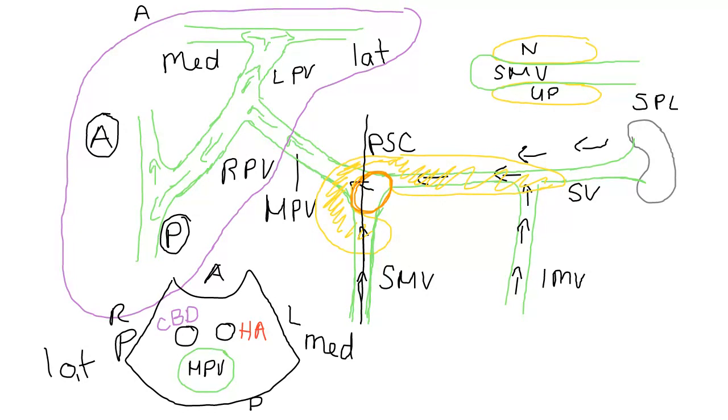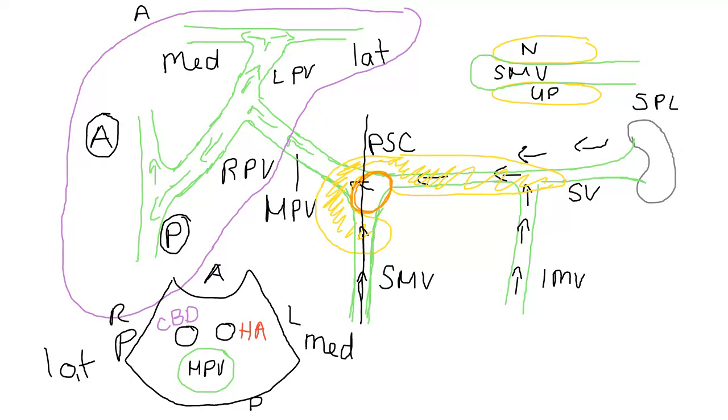So what essentially happens is that once the pancreas gets to the neck, where the portal splenic confluence occurs, it kind of wraps around the SMV. Oftentimes, especially looking at this picture, it looks like an up and down picture. It doesn't lie like that. It lies front to back.